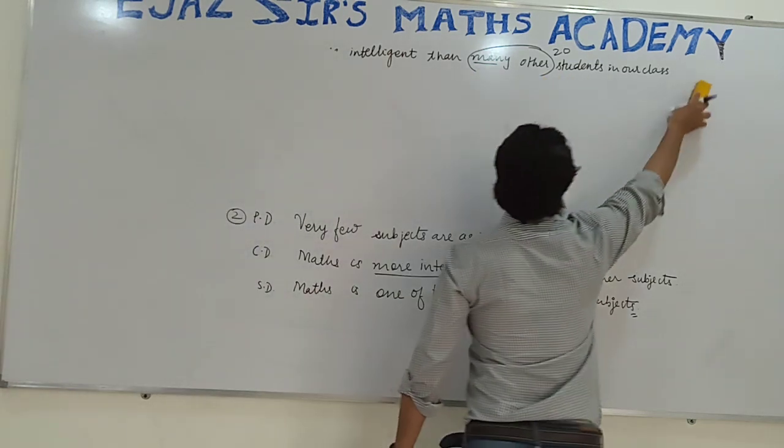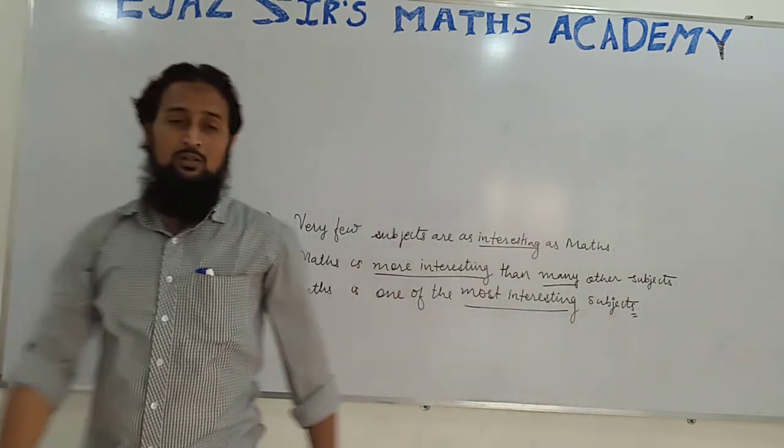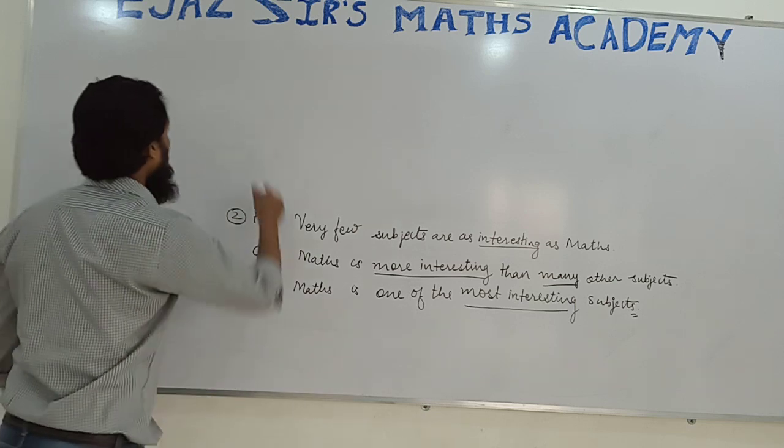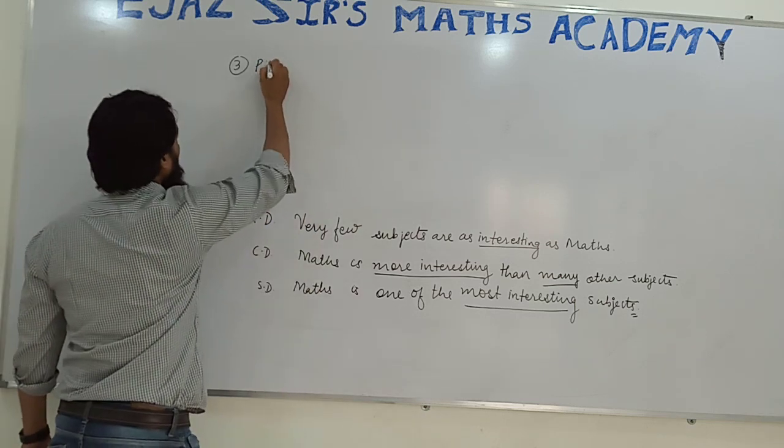Note these down in your grammar copy. Make a separate grammar copy for our English grammar. Number 3 is positive degree.